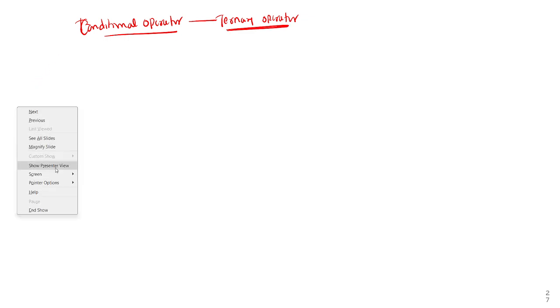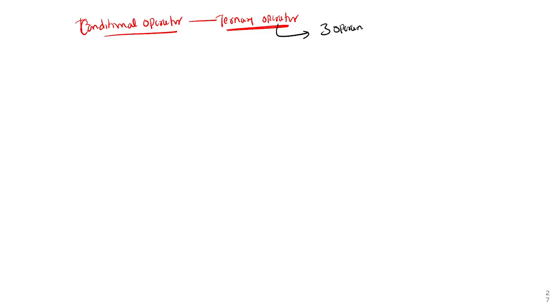And coming to the ternary operator. What is the ternary operator? This is a conditional operator, or we can call it the ternary operator. Ternary operator means three operands will be there.